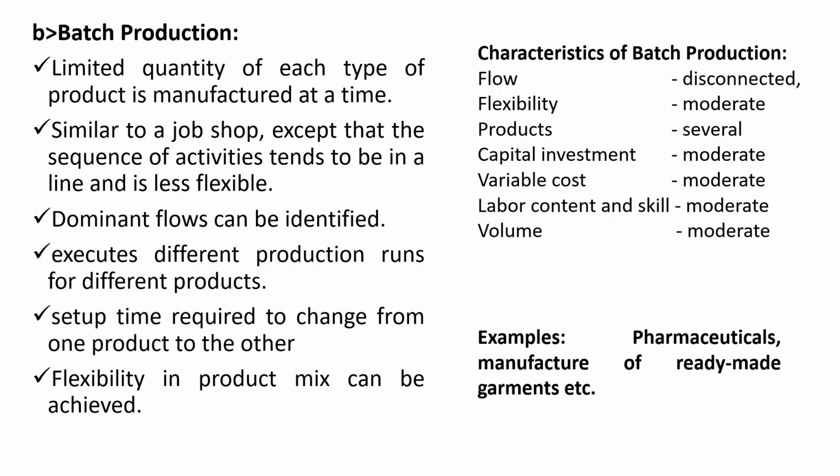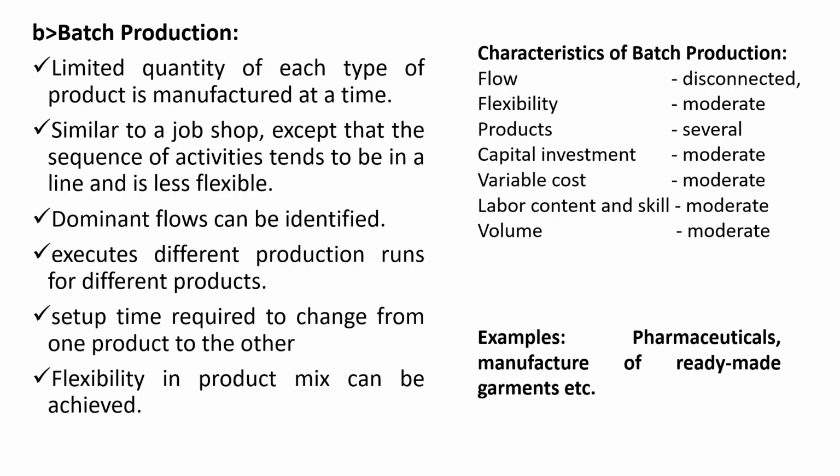Next is batch production, which is another type of intermittent production. A batch production is an intermittent production where a limited quantity of each type of product is produced or manufactured at a time. Now it is similar to job shop, except that the sequence of activities tends to be in a line and is less jumbled.